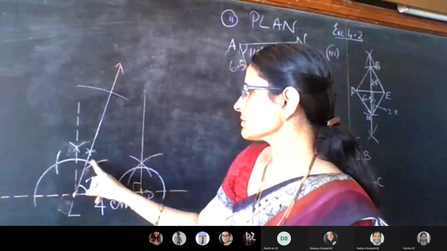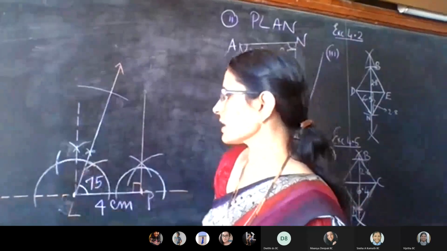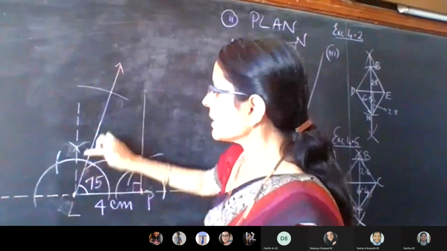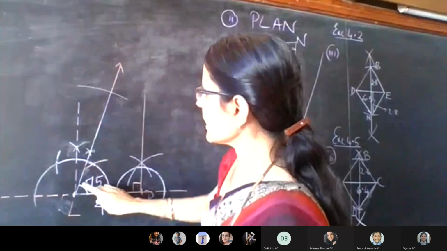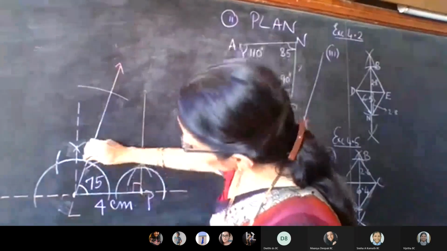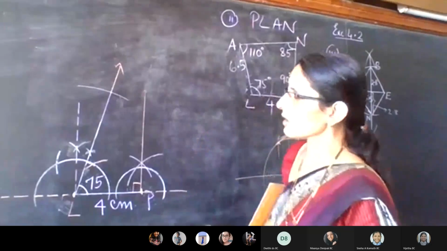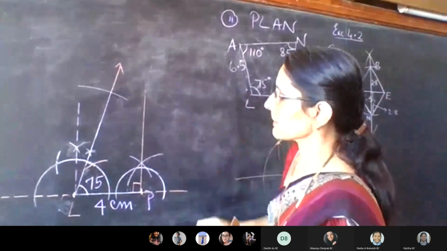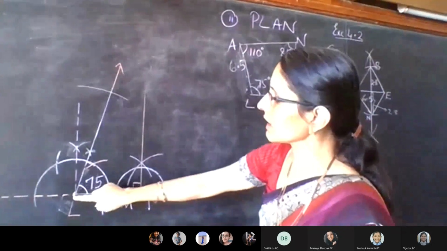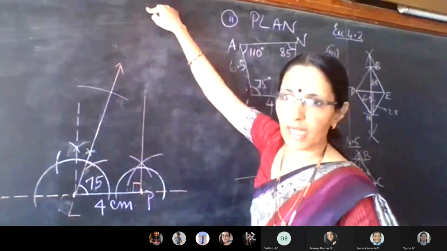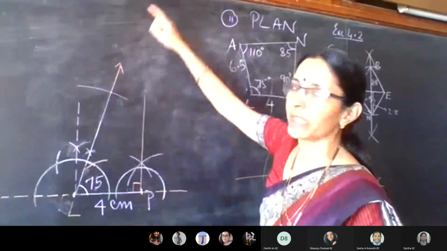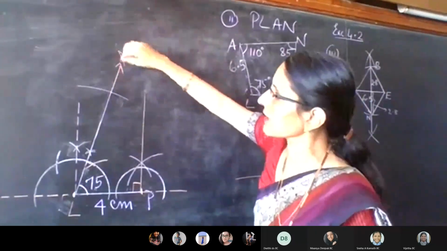Bisecting the second 60, then again bisect, then you will get 75. My second bisection is not very proper because the compass is not very intact, it is sliding. So 75-degree. Mark it as a ray from the point L. This is the angle line.